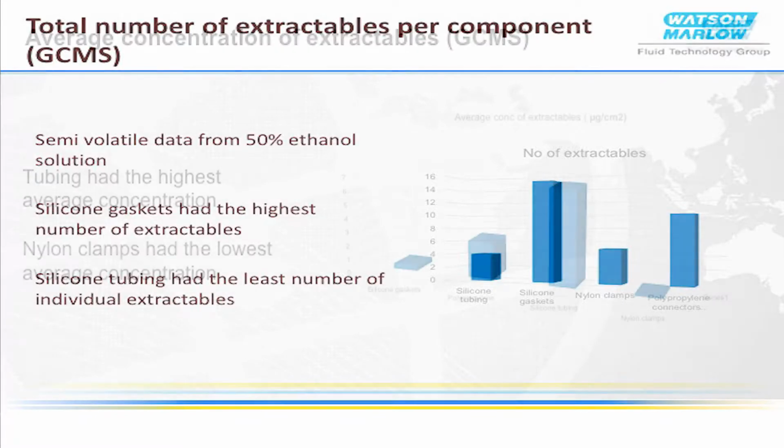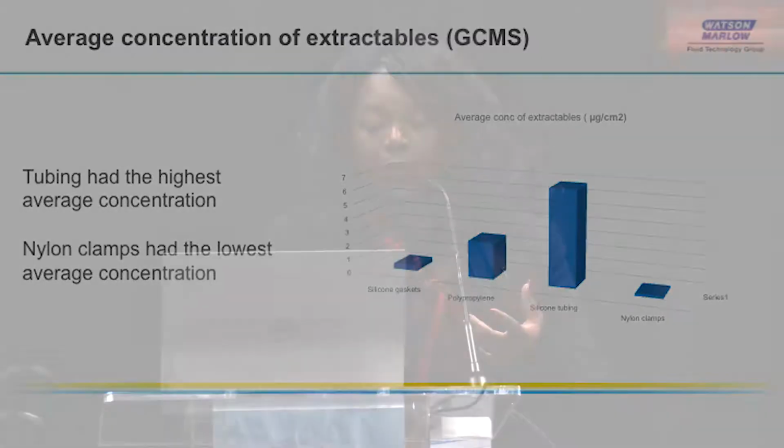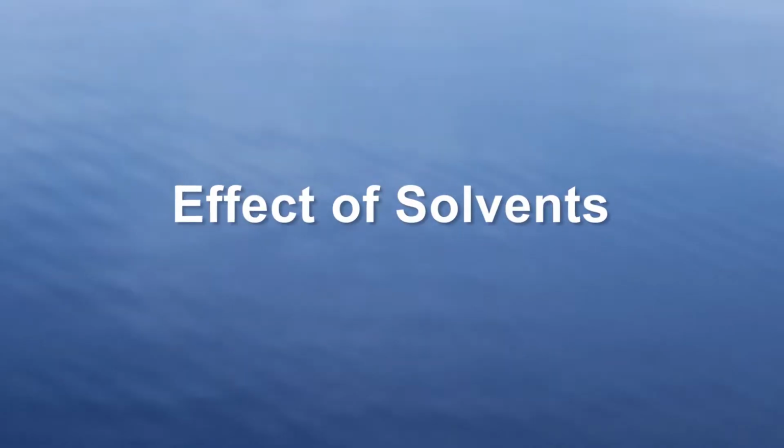But when you looked at the average concentration of those extractables, the tubing had the highest average concentration, whereas the nylon clamps had the lowest concentration. So even though the gaskets had lots of little peaks, they didn't actually amount to a very high level.